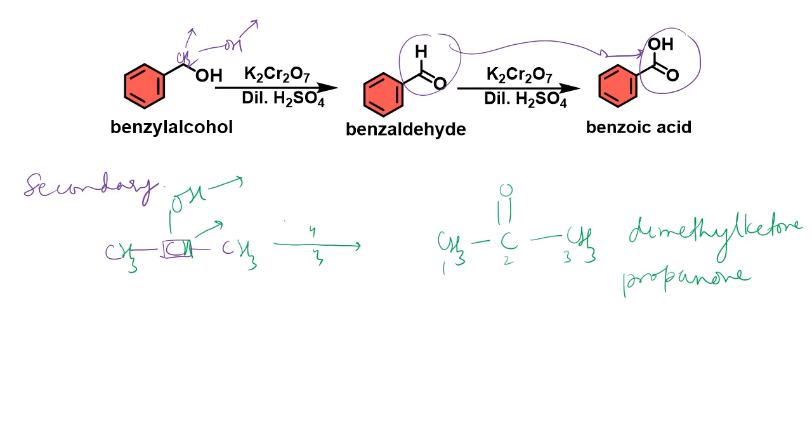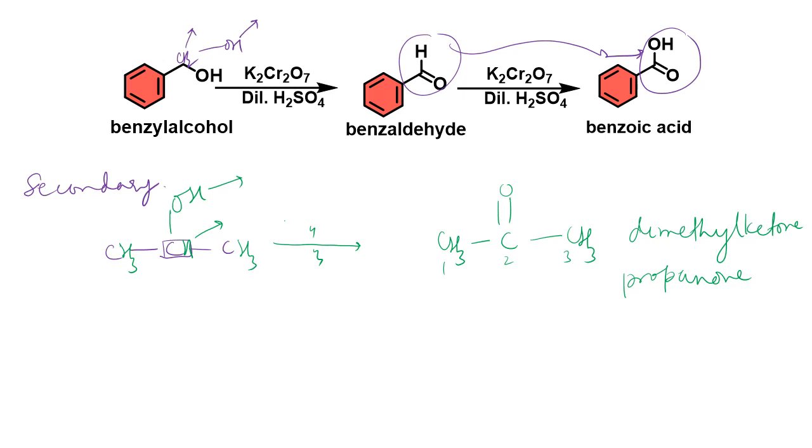When we are doing this reaction in the lab, potassium dichromate solution has an orange color, yellow-orange, and in that K2Cr2O7 formula, the oxidation state of chromium is +6.